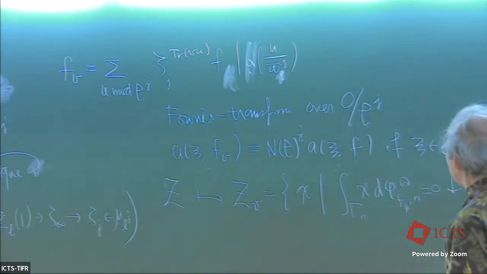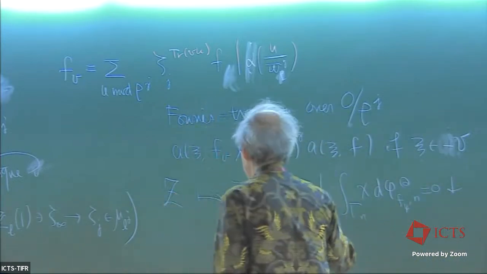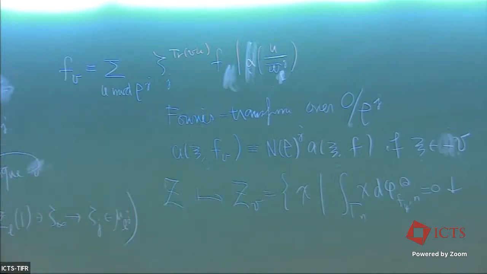And so this V for given chi, I have that V, right? So this V, I just write V of chi.